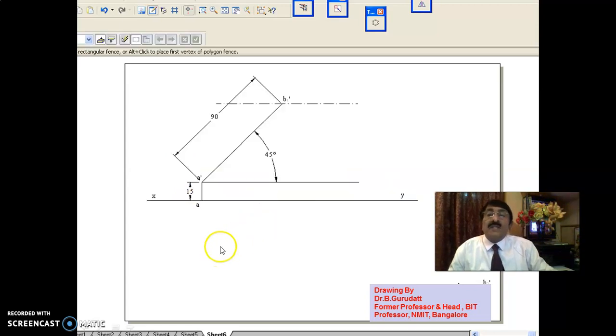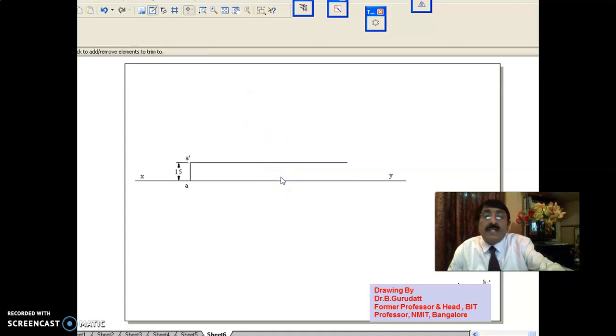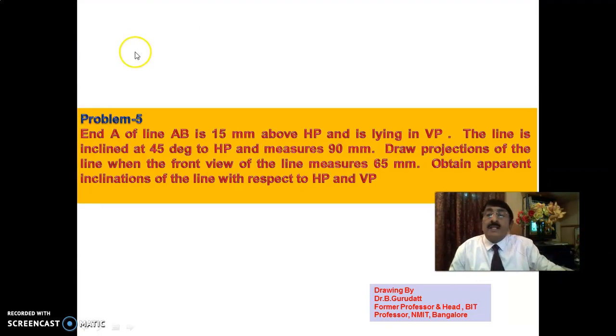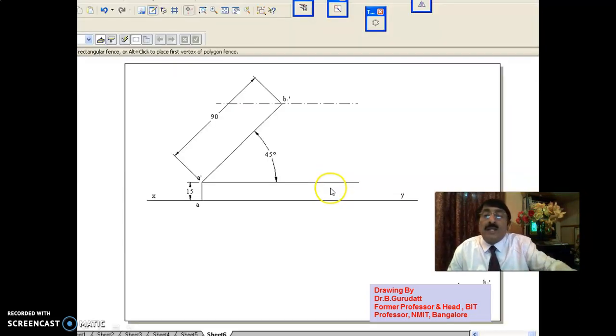Okay. Now after that, the line is inclined at 45 degrees to HP and measures 90 mm. Now, this A dash, B1 dash, let us say you call it 90.